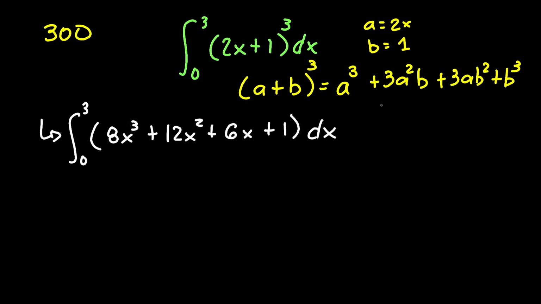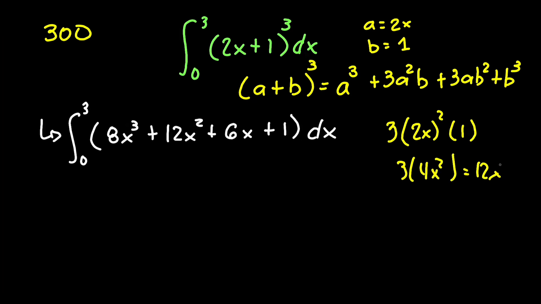Know that 2x to the power of 3, with 2 to the power of 3 being 8 and x cubed being x cubed, makes that first term. Then 3 multiplied by a squared, which is 2x squared, multiplied by b, which is 1. So 3 multiplied by 4x squared is equal to 12x squared. And so on.